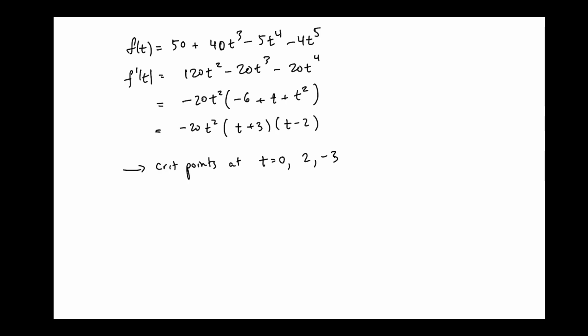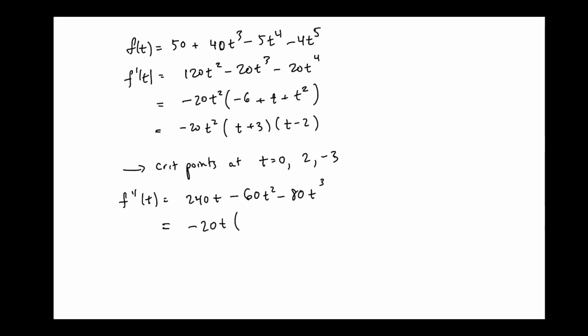Well, first off, we need the second derivative, which would be 240t minus 60t squared minus 80t cubed. And like before, we can factor, right? So let's pull out a minus 20. All right, so a minus 20t, and then what else do we have?